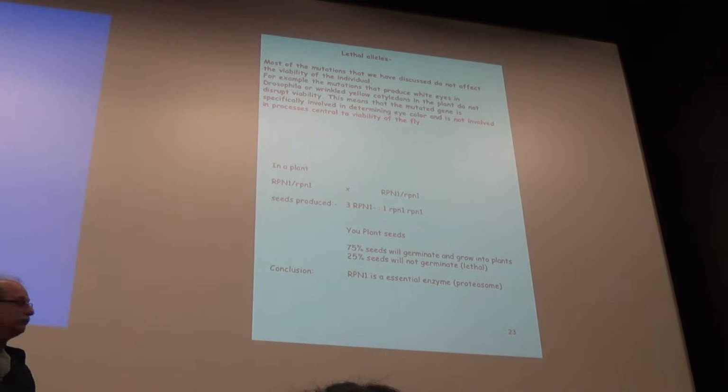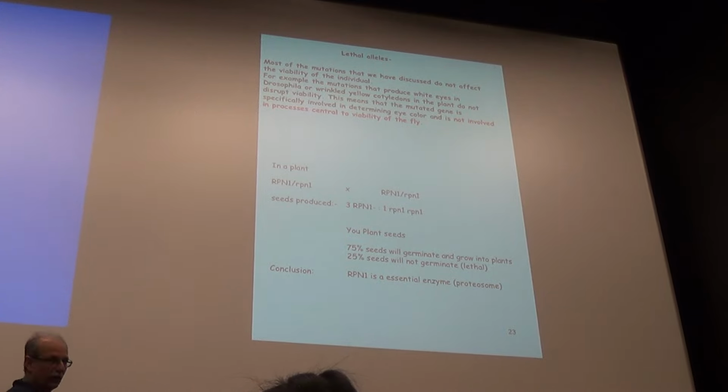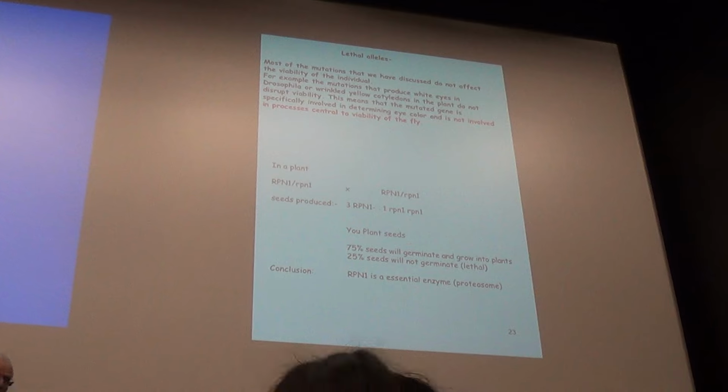The cells cannot grow, and so RPN1 is an essential enzyme. In the wild type state, as 2 copies or 1 copy, the cell survives, but in the absence of this, the cell is dead. Now you can study this very nicely in plants, because when you get the seeds, you can plant the seeds and you can see if the seeds will grow into plants or not.